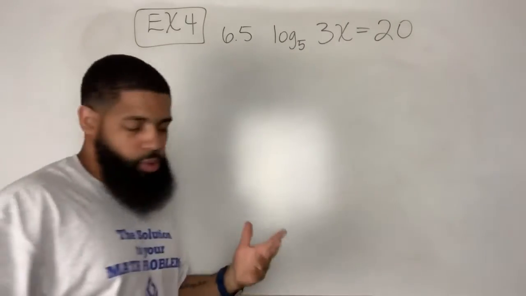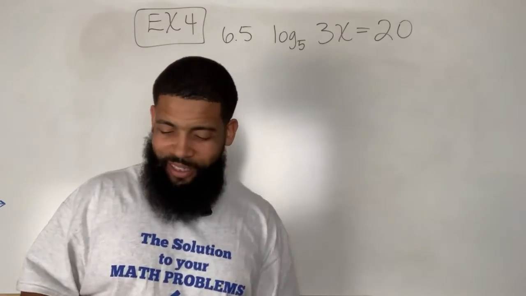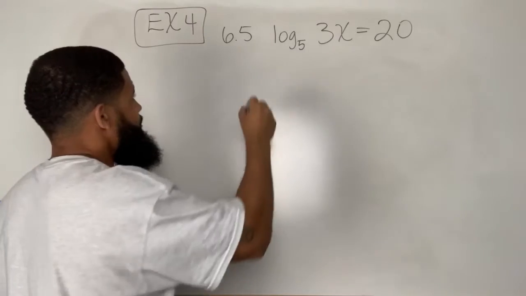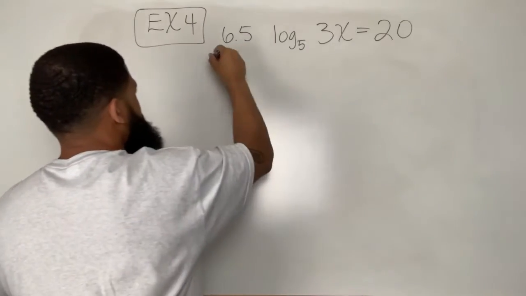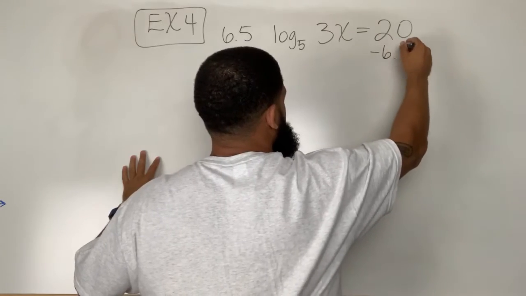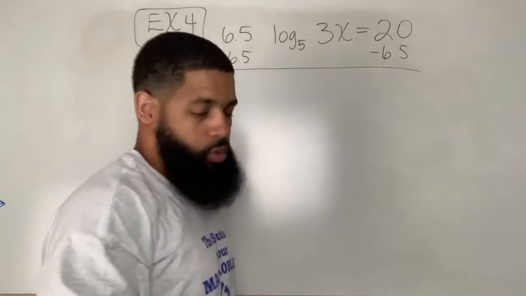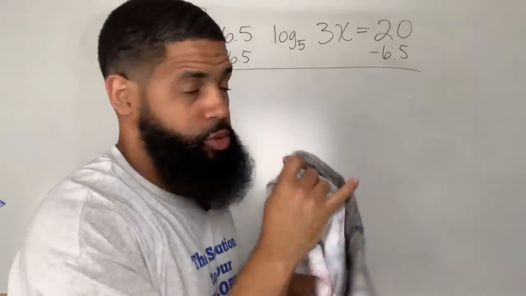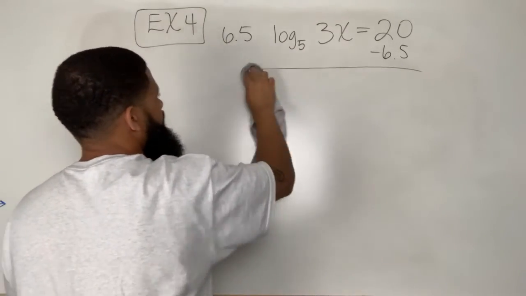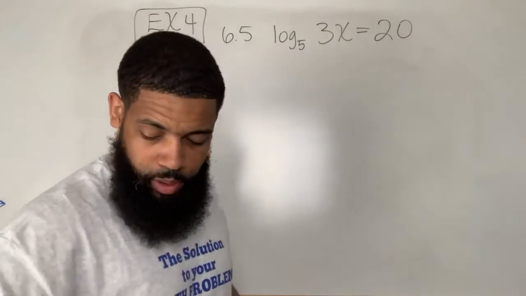All right, so 6.5 times the log base 5 of 3x equals 20. Let's get rid of the 6.5. So subtract 6.5 first. Actually, no, that is incorrect. We don't want to subtract 6.5. We want to actually divide by 6.5 because that is multiplied right there.